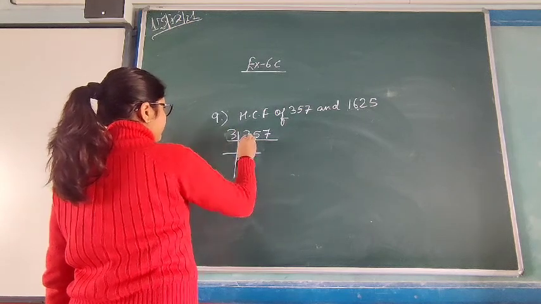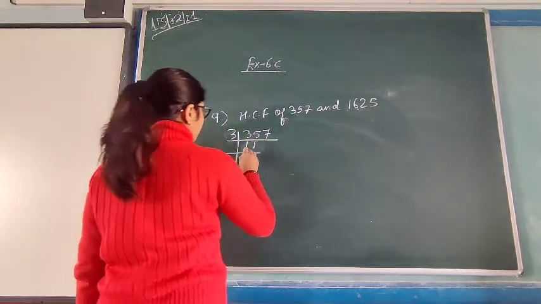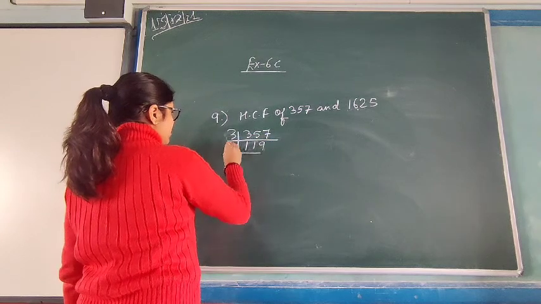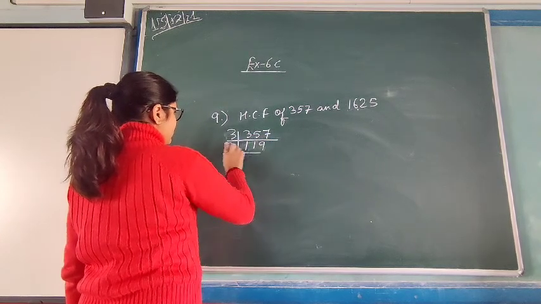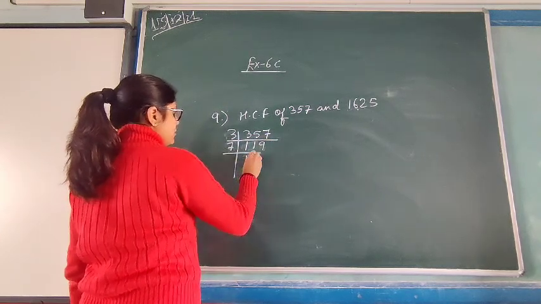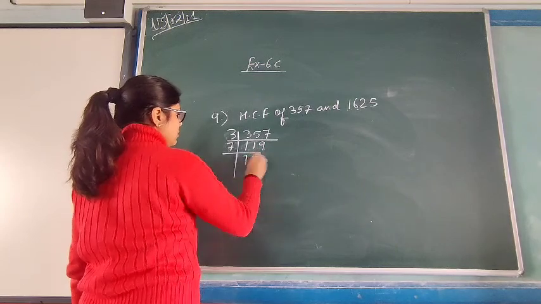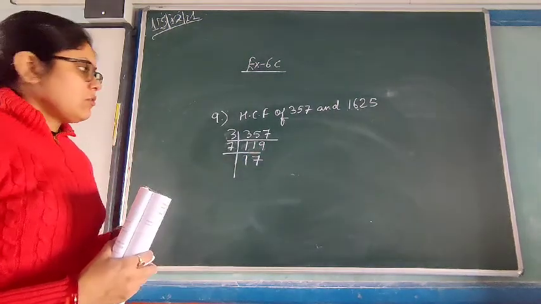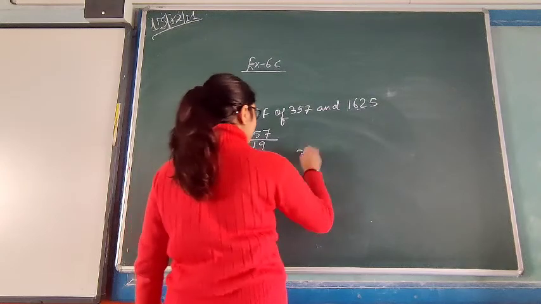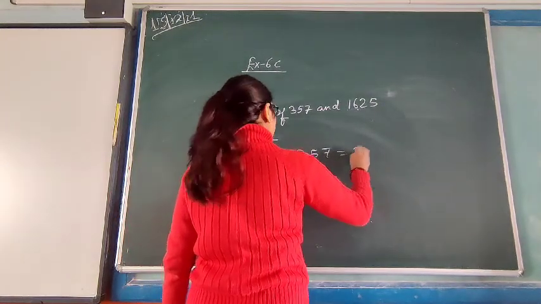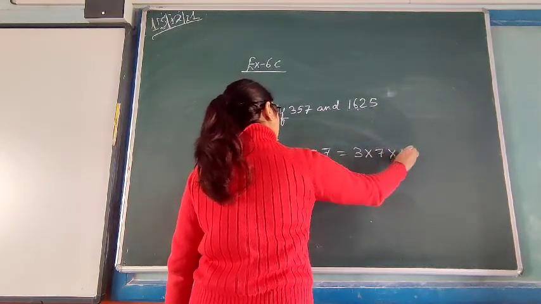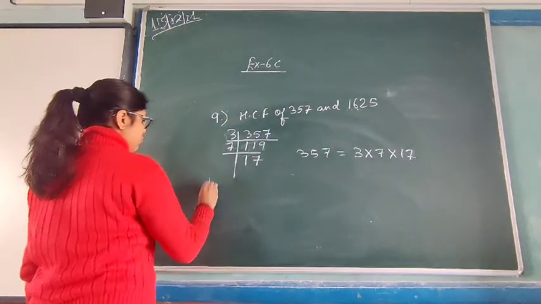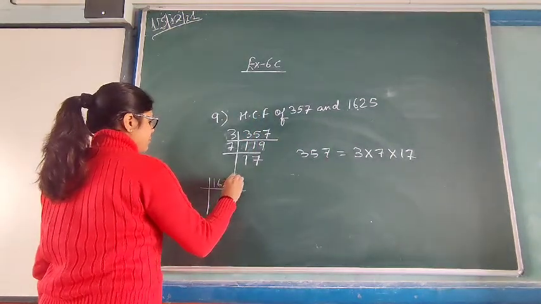Okay, let's do. 3 1s are 3. 7 1s are 7. 7 7s are 49. Okay. So 357 is equal to 3 into 7 into 17. Now I will solve 1625.